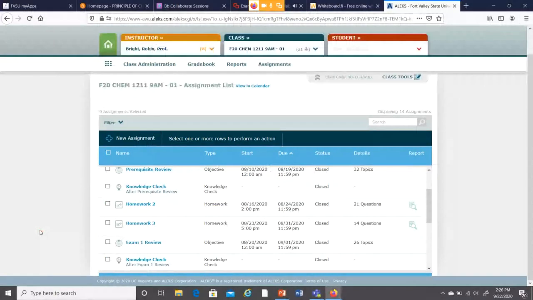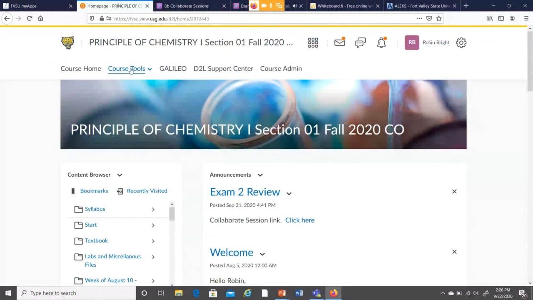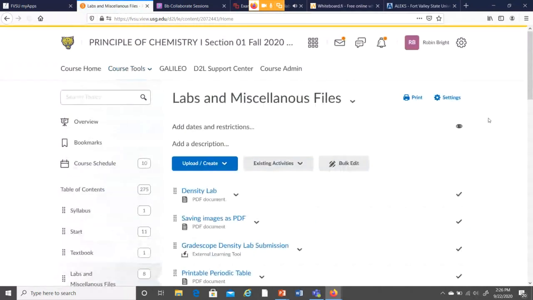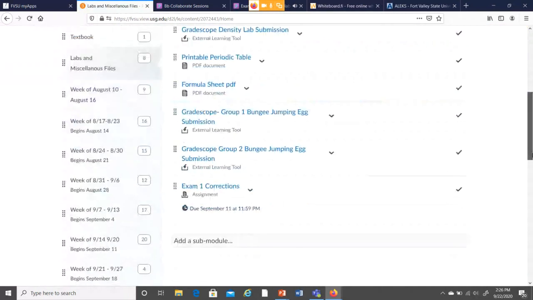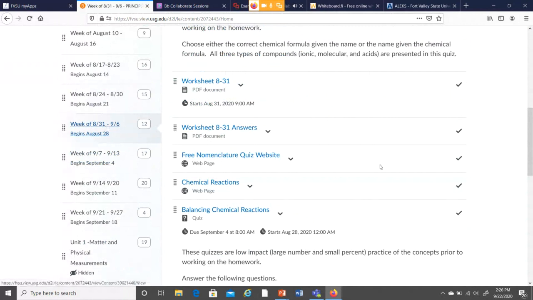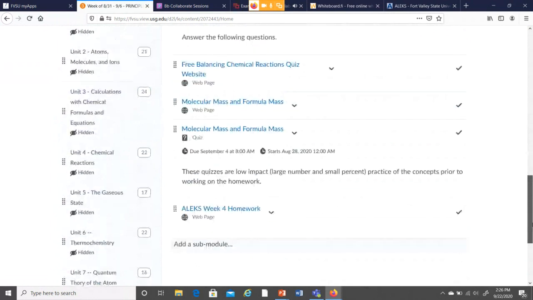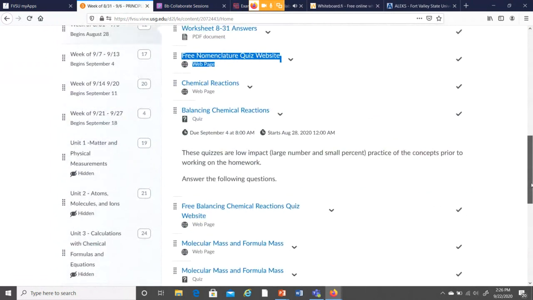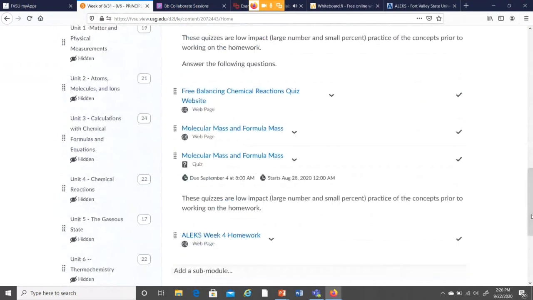Okay. So if I go into the class and I go to content, I think this is the first one. Well, I didn't do that answer key for the balancing reactions.